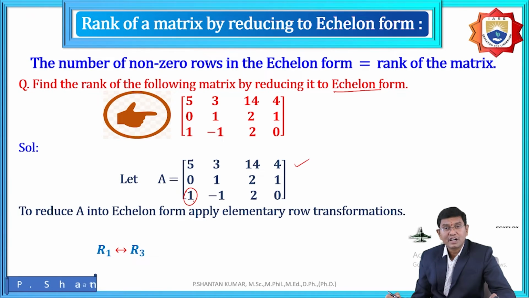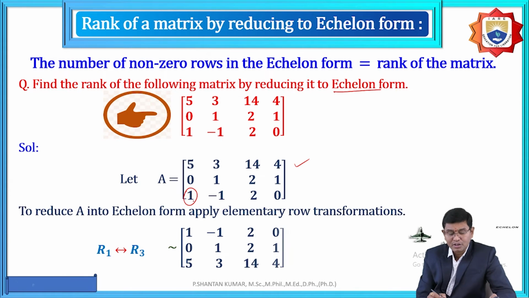R2 we are not worried about. By interchanging R1 and R3, the first row becomes 1, minus 1, 2, 0, and the rest of the rows are as they are.